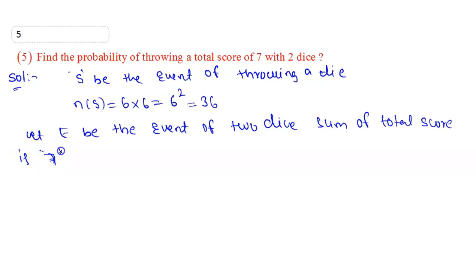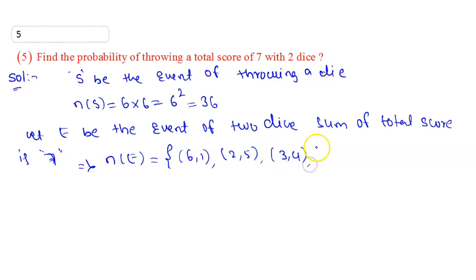So n of E is equal to the possibilities. Here we are getting 6,1 is 7, 2,5 is 7, 3,4 is 7, 4,3 is 7, 5,2 is 7, and 1,6 is 7. These are the possibilities to get a sum of 7 on the dice, right?